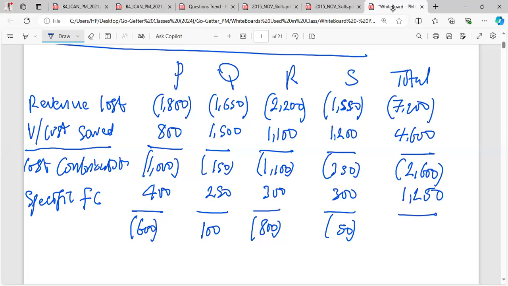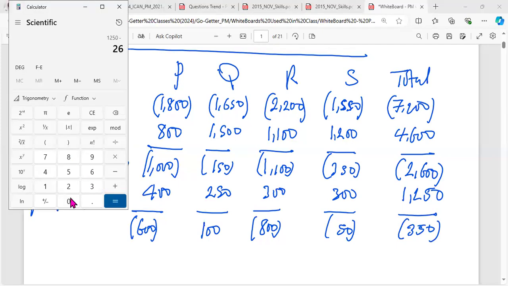That should give us 350. So it should be more than that. Let me use the calculator. 1250 minus 26, 1350. Yes.